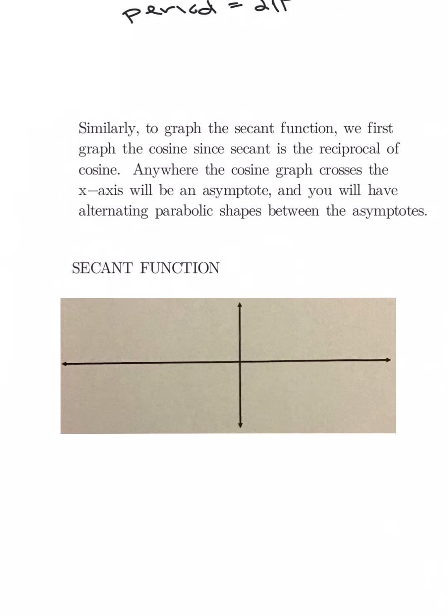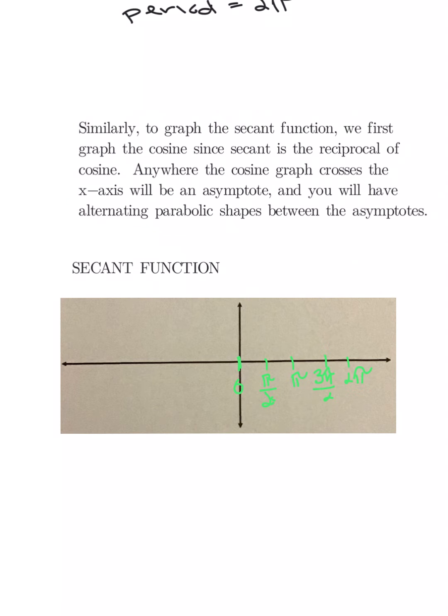So the basic values on a cosine function are 0, pi over 2, pi, 3 pi over 2, and 2 pi.